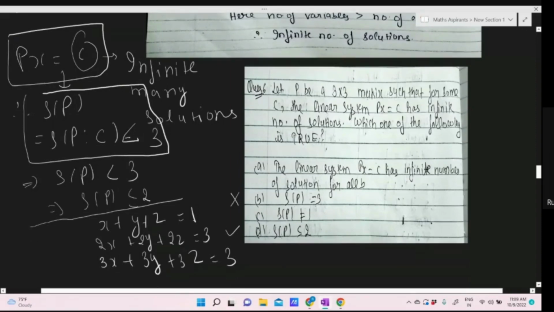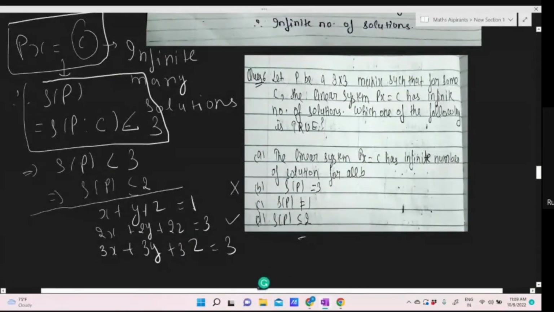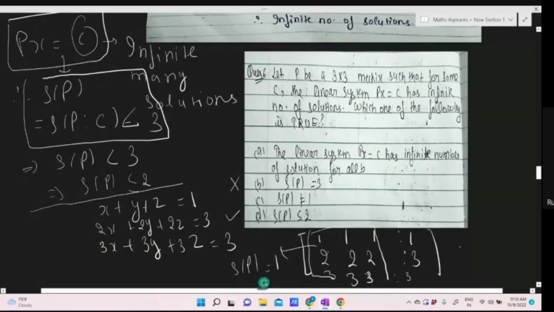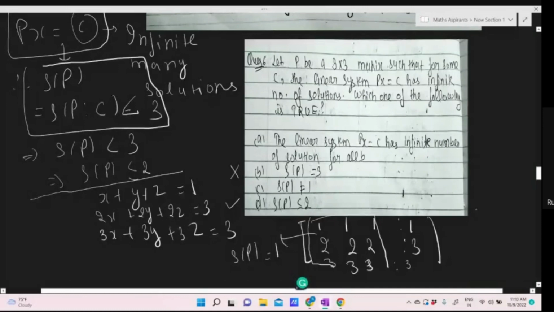The augmented matrix of this system will become 1, 1, 1, 1; 2, 2, 2, 3; and then 3, 3, 3, 3. Here you can observe that after reducing it to row echelon form, the rank of this matrix is 1, and if you calculate, rank of P augmented C is not equal to 1.